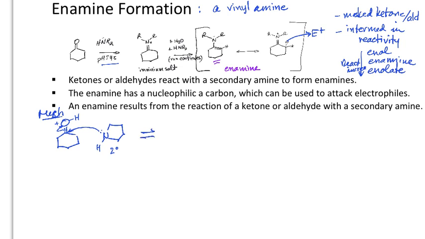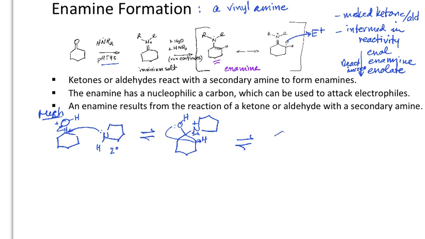So we'll get the OH and a nitrogen, and then our 6-membered ring down here where we started with, and there's still an H on that nitrogen. So I can lose that H. I can also transfer it internally, like so.